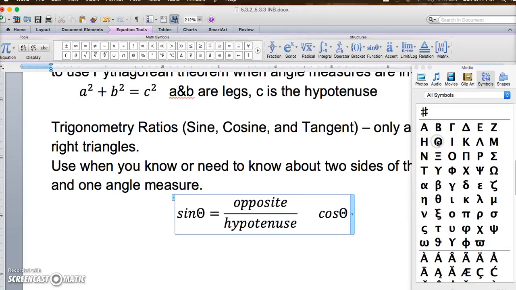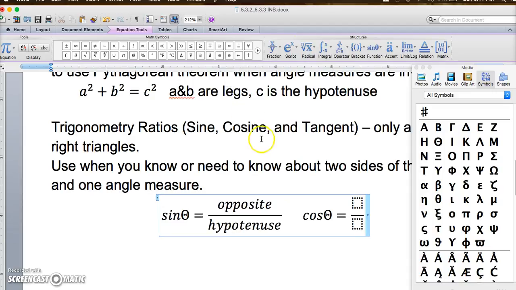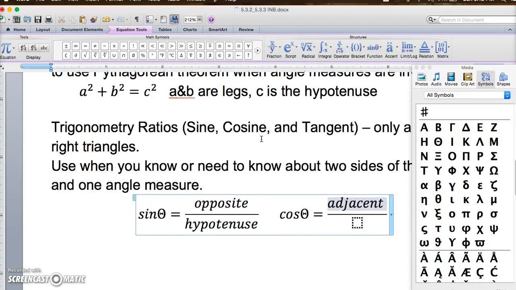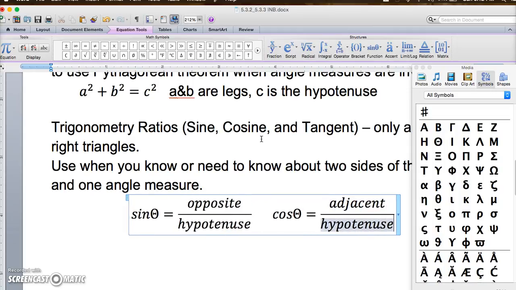Cosine theta equals adjacent over hypotenuse.